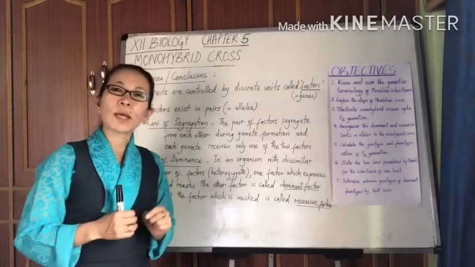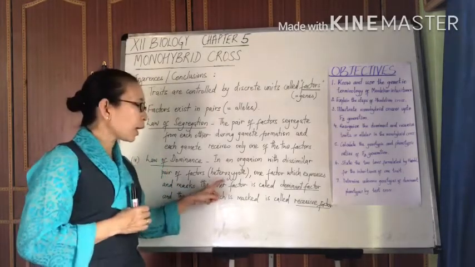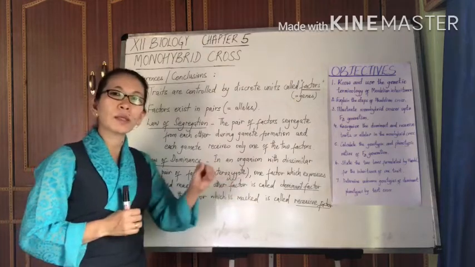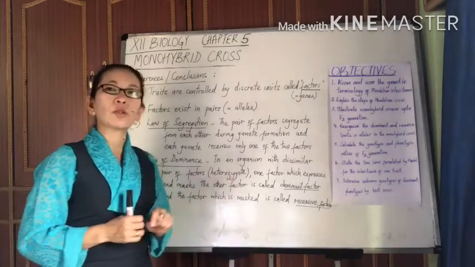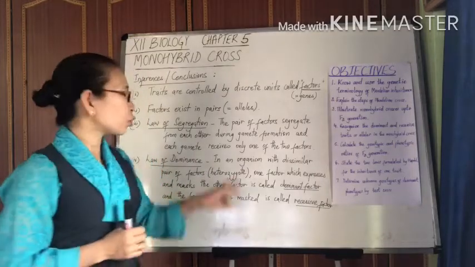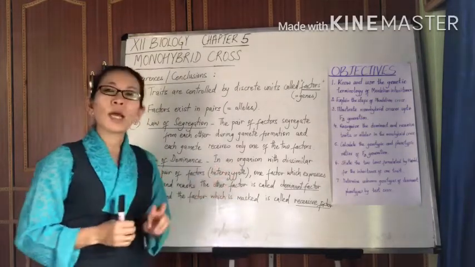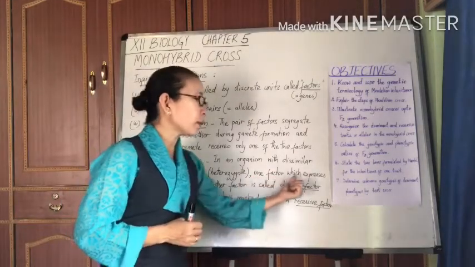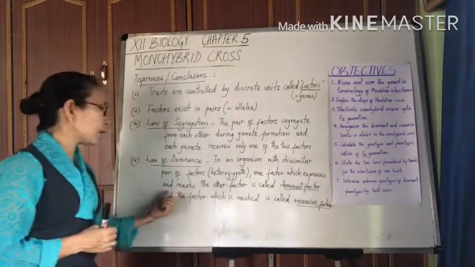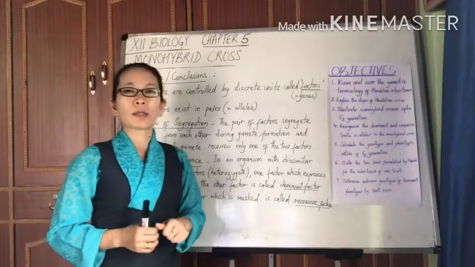Organisms with heterozygous genotype are known as heterozygote. So the condition is heterozygous, and the individual is known as heterozygote. So in an individual with heterozygous genotype, one factor expresses and masks the other factor.